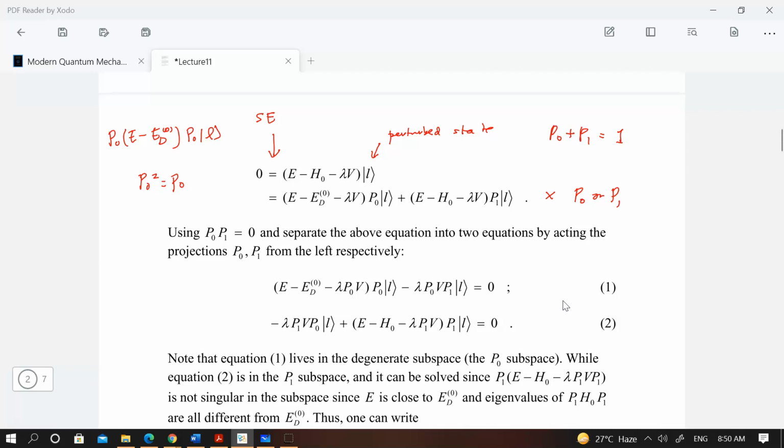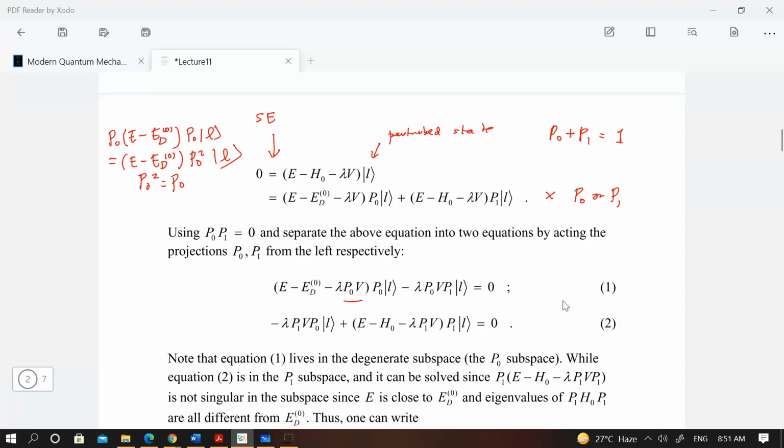This is just eigenvalues, so this is equal to E minus ED naught times P naught squared L, and then you use P naught squared equals P naught. The other thing over here is V. V doesn't necessarily commute with P naught, so we have to maintain that.